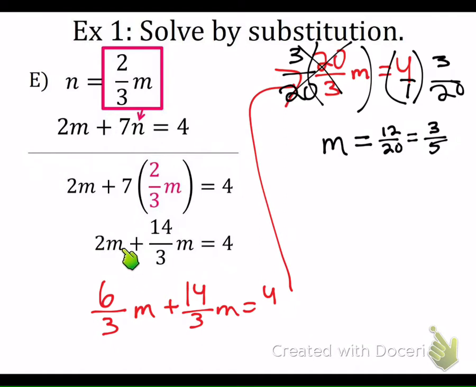So common denominators, I need to multiply top and bottom by 3 here. I get 6/3. Add those, I get 20/3. Multiply both sides by 3 over 20 to get rid of this fraction. Other methods would be, at this point, stop and distribute a 3 to everything and just get rid of the fractions and go from there. You'll end up with the same answer, okay?